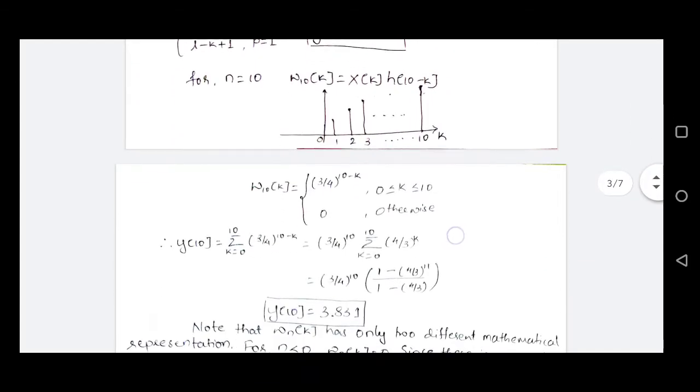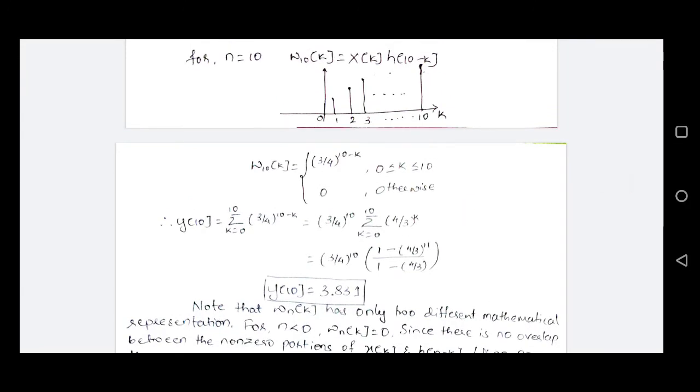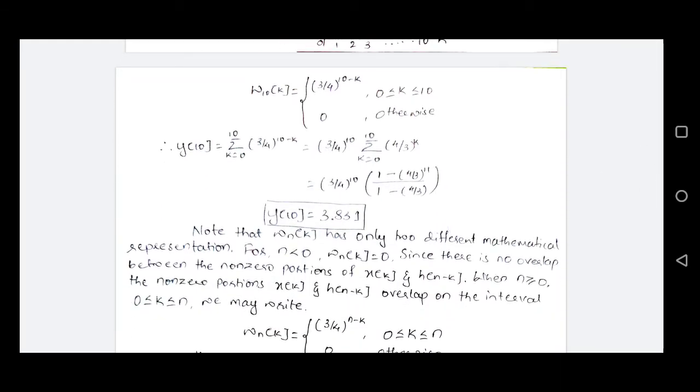The intermediate signal mathematically can be written as w10 of k equals (3/4)^(10 minus k) for k between 0 and 10, which is the overlap region, and 0 otherwise. Using this intermediate signal in the output, we'll get y of 10 equals the summation over k from 0 to 10 of (3/4)^(10 minus k), and if we simplify this, we'll get the value 3.831.